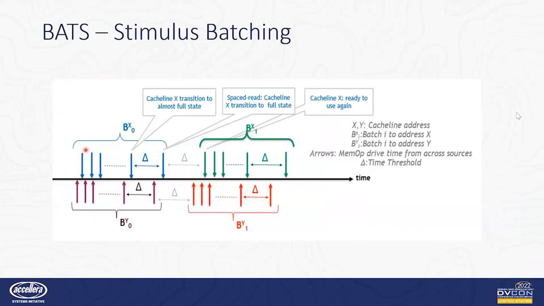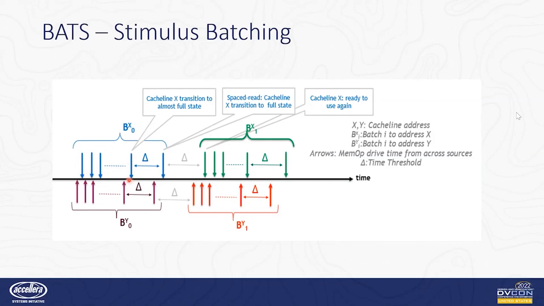Okay, so this slide demonstrates a sample output of the stimulus batching code that's there in the BATS. Using two addresses X and Y, each arrow represents the drive time of a memory operation on the DUT boundary from a source. So as you can see, when various sources start requesting a particular address X and drive them on the interface, for the first few requests, the agents will ask BATS for permission to drive this, and BATS will grant permission, but it will keep a total count of the number of requests sent by all the agents to the DUT.